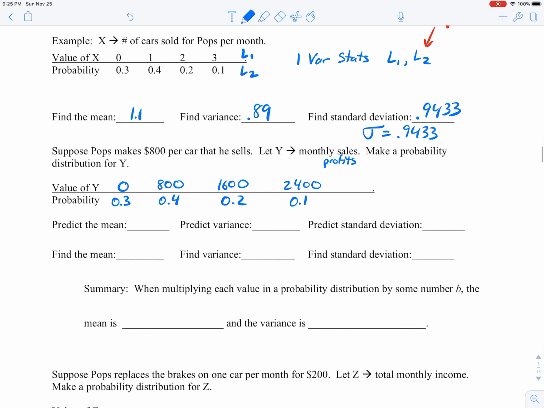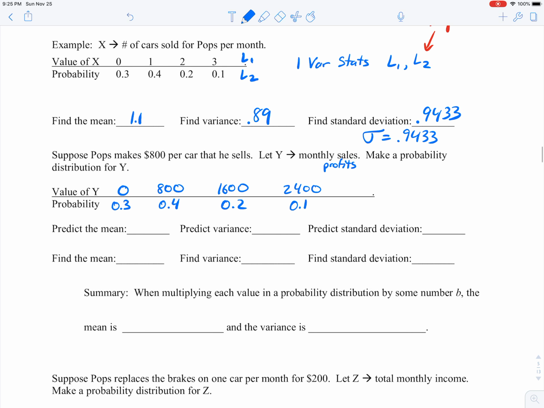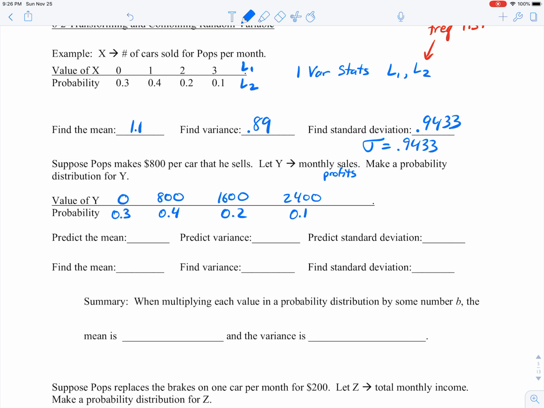Okay, before you plug these into L1 and L2, let's do some predictions. Take a moment to predict what you think the mean would be in terms of his monthly sales profit. Just note that we have a mean number of cars already. It's 1.1. So how would you take that mean number of cars, 1.1 cars per month sold, if he's making $800 per car?